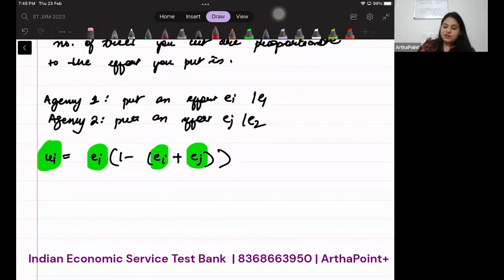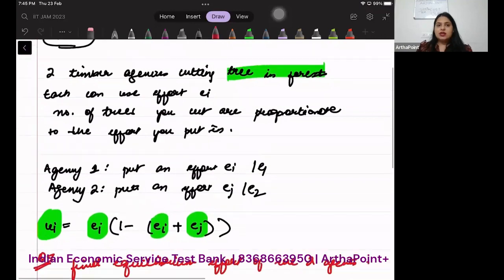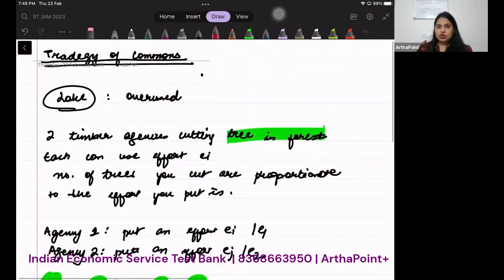Now, what is the final ask? Find the equilibrium effort of the two agencies. So try and understand the question we are given. This is a question related to the tragedy of commons. There are two timber agencies in the forest.